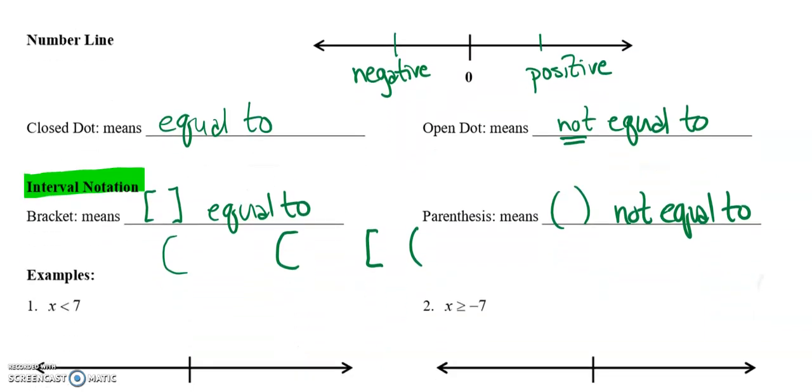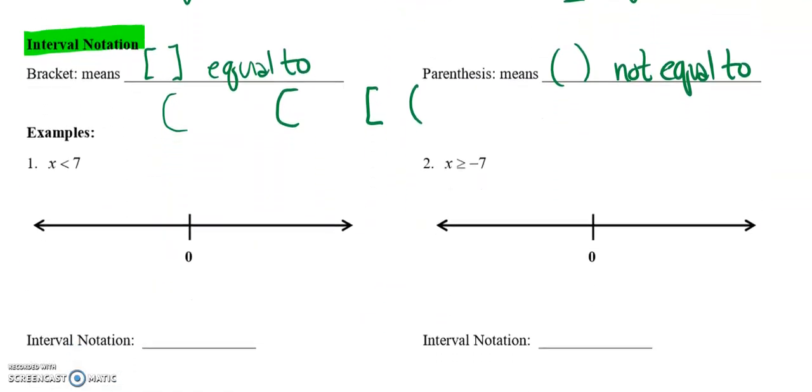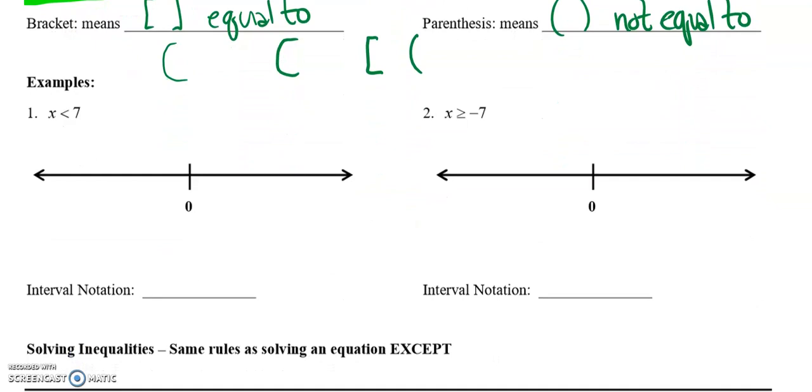All right. So what if we have the inequality x is less than 7? First thing we want to do is put 7 on our number line. 7 is a positive number, so it's to the right of 0. And I want the values that are less than 7. So what kind of numbers are less than 7? 0, -7, -10.